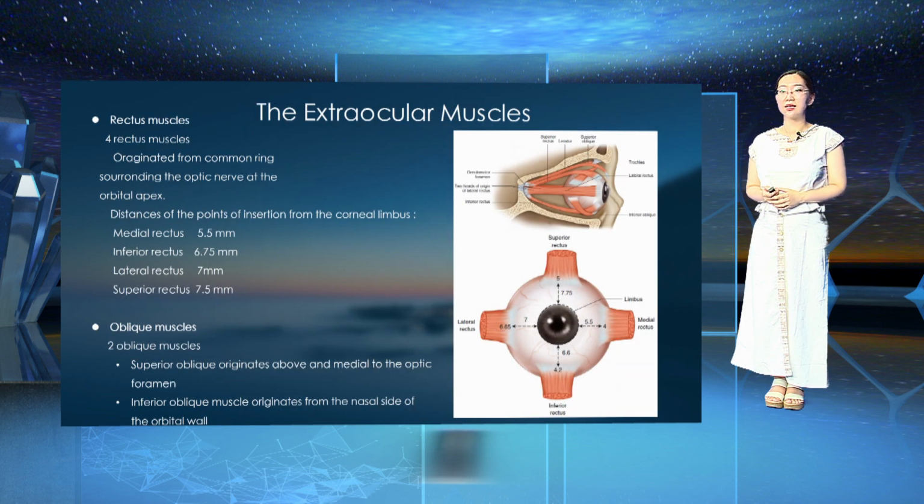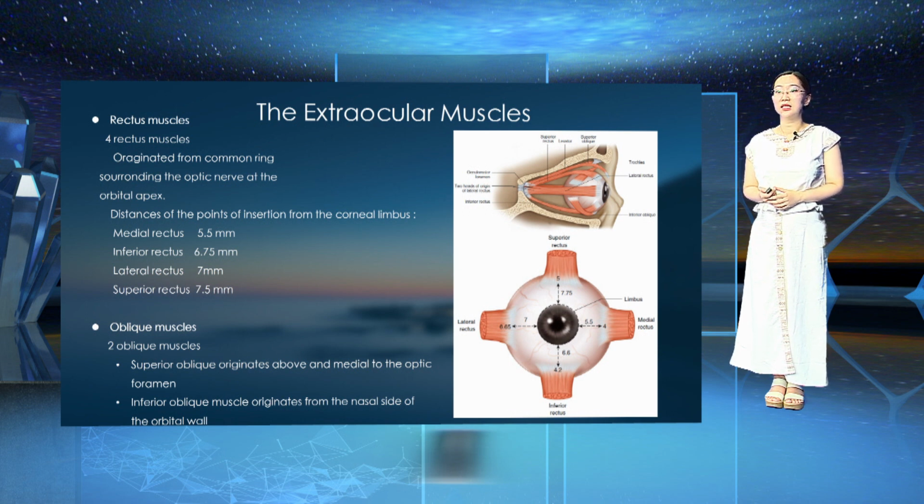There are 6 extraocular muscles in each eye, including 4 rectus and 2 oblique muscles. The 4 rectus muscles originate at a common annulus of Zinn surrounding the optic nerve at the posterior apex of the orbit. They are named according to their insertion into the sclera on the medial, lateral, inferior, and superior surface of the eye.